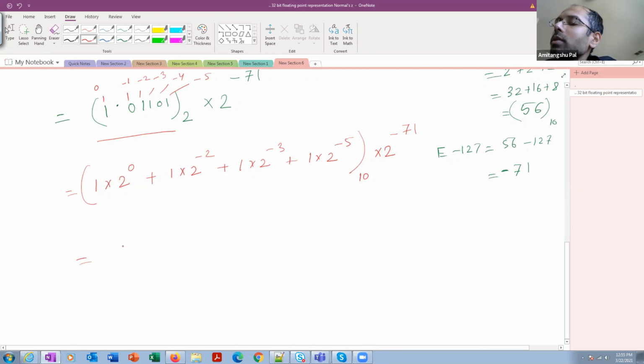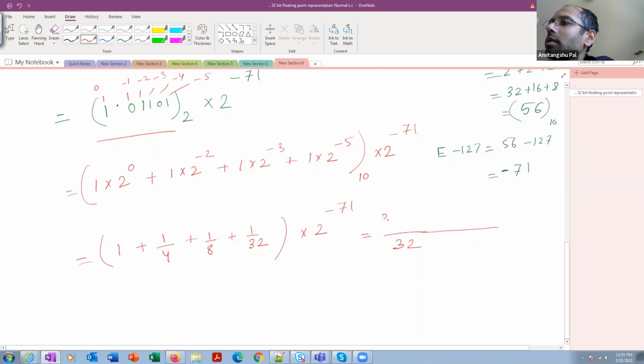So 1 into 2 to the 0 is 1, plus 2 to the minus 2 is 1 by 4, 2 to the minus 3 is 1 by 8, 2 to the minus 5 is 1 by 32, into 2 to the power minus 71. So I can write this with denominator 32.